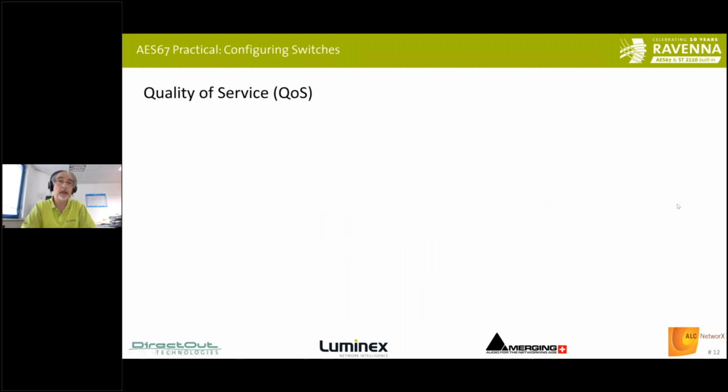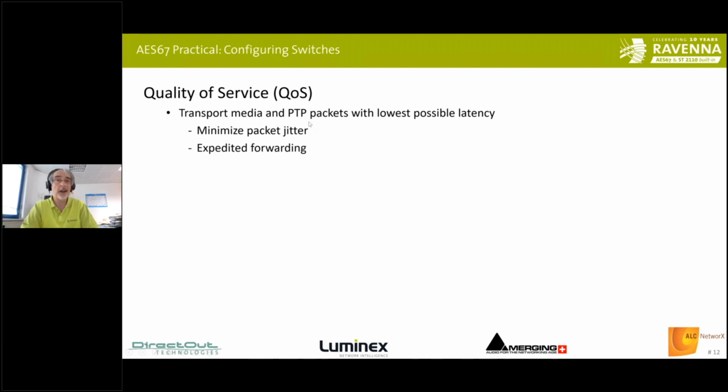So the next important aspect on anything with AES67, RAVENNA, or ST2110 networks is quality of service, QoS. The goal definitely is that we transport our media, and particularly our PTP packets, with the lowest possible latency in the network, and also we want to minimize the packet jitter on the network, particularly for the PTP protocol, because the accuracy you can achieve with PTP highly depends on what packet jitter those packets receive while traveling on the network.